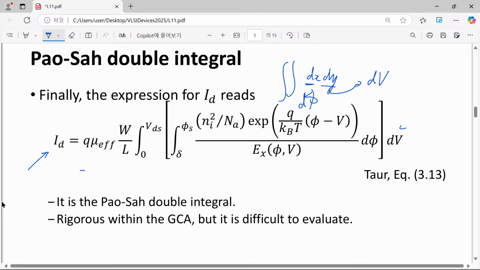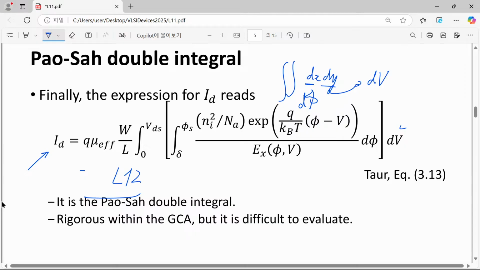Okay, we have only 8 minutes left, and for the remaining 8 minutes, I will try to demonstrate how difficult it is to actually evaluate this Pausa double integral. The reason why I'm showing you this difficulty is that later from our lecture 12, we will introduce so many approximations.